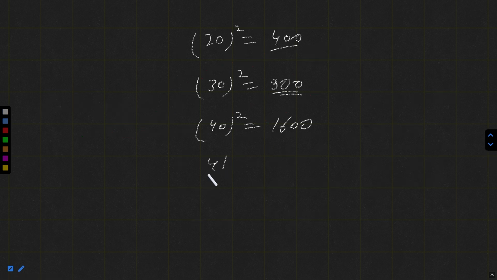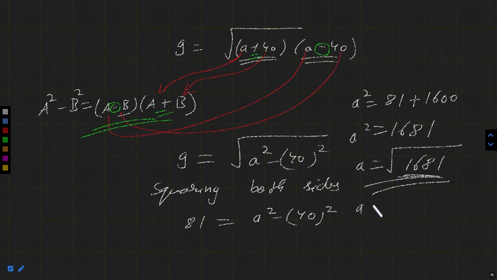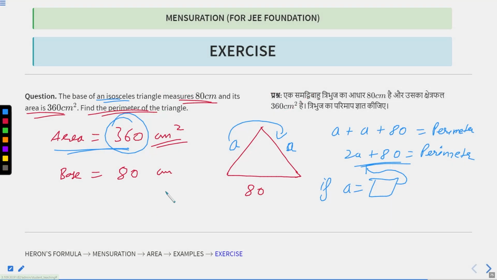Then 41 times 41 is 1681. So 41 will be our answer. So our value for A is 41.